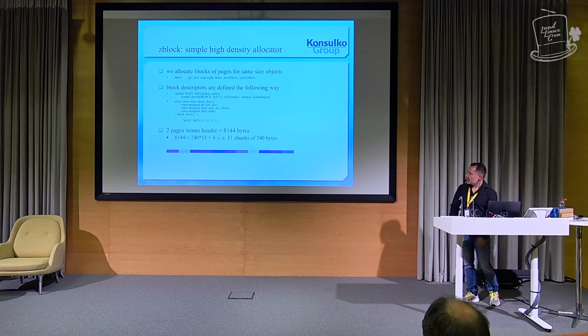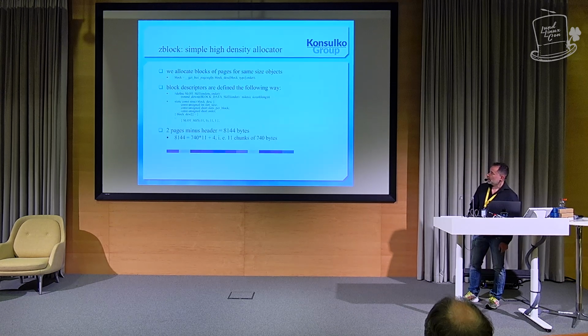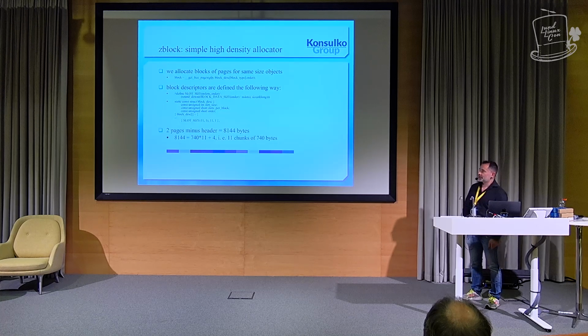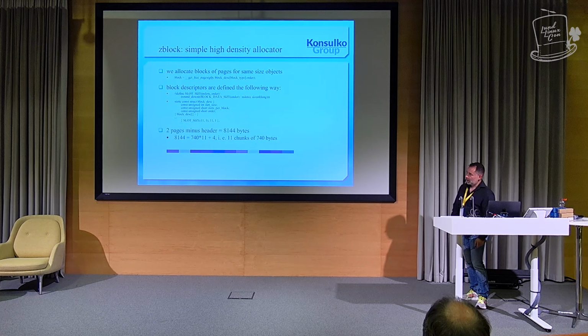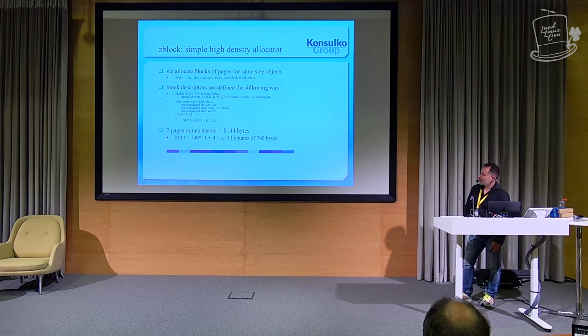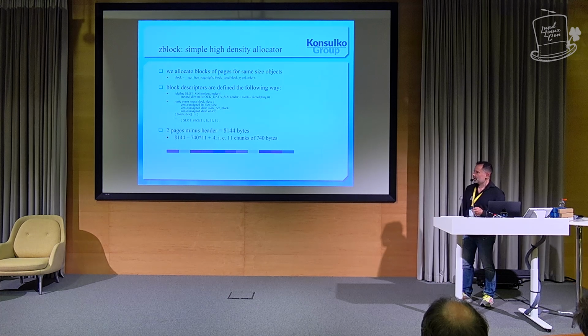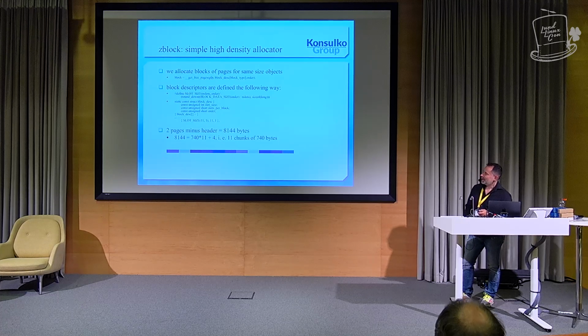So as an example, let's allocate a block of 2 pages, which will be 8K bytes, 8,192. And then there is a header, which resides in the beginning of this block. So we have 8,144 bytes remaining.